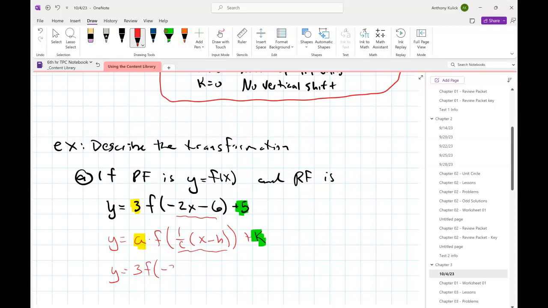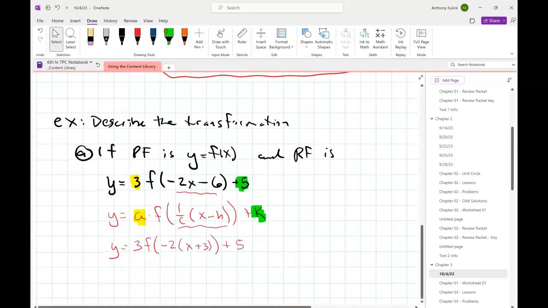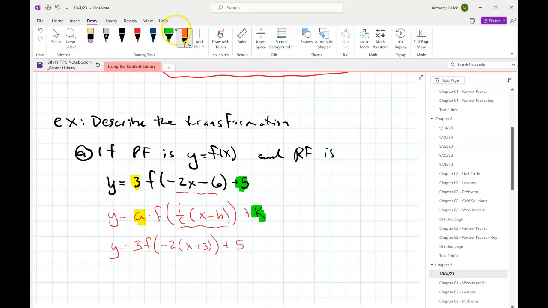So that's going to give me negative 2, and then I'll have parenthesis x plus 3. But I still have a little bit of an issue here, right? I need to write negative 2 as 1 over c. I need to write this plus 3 as a minus h.